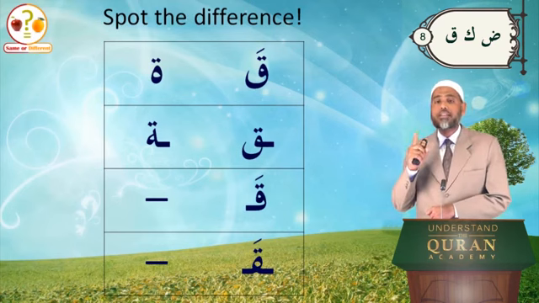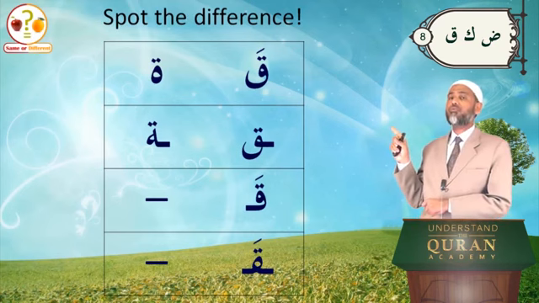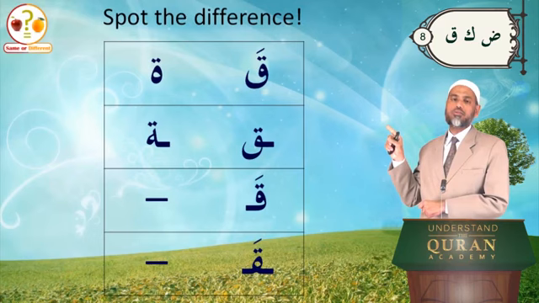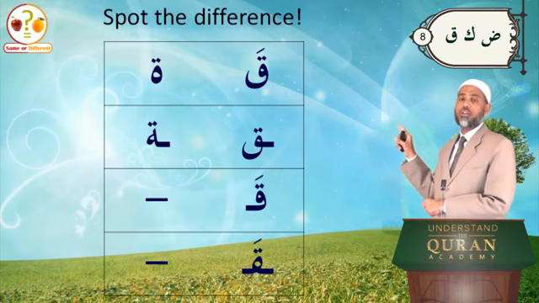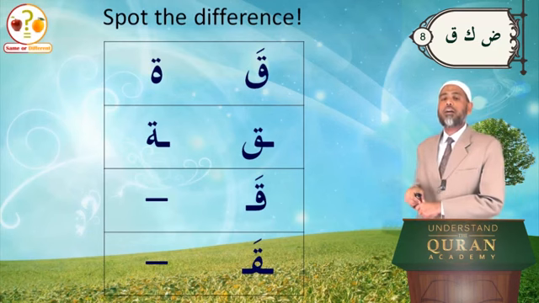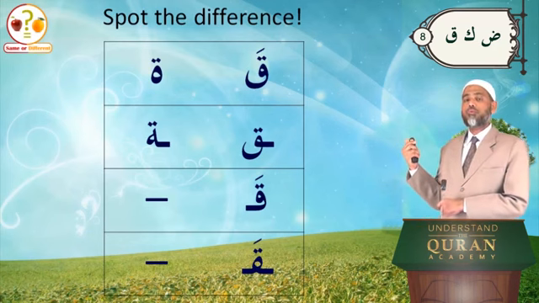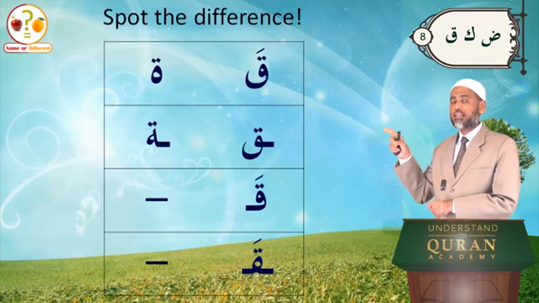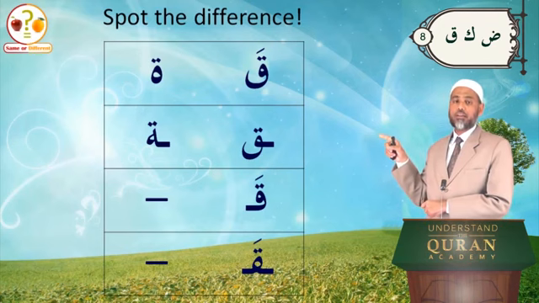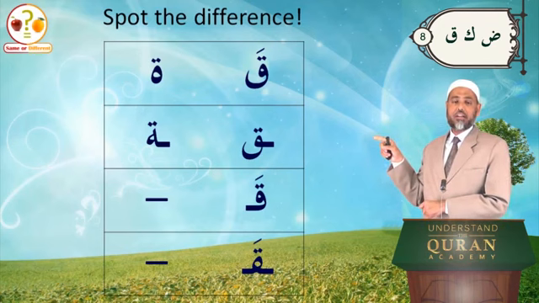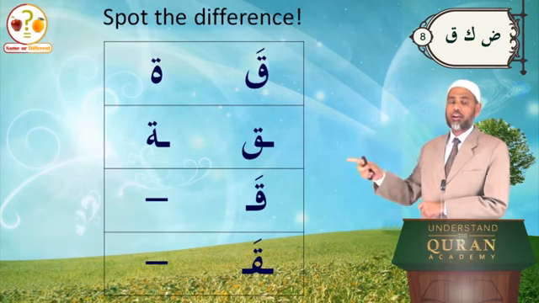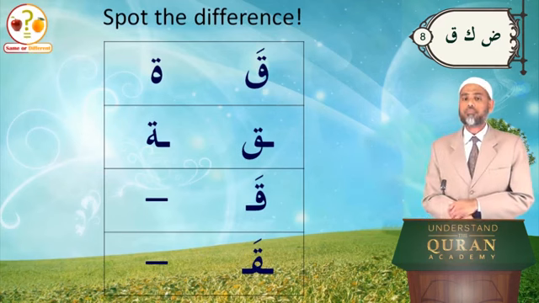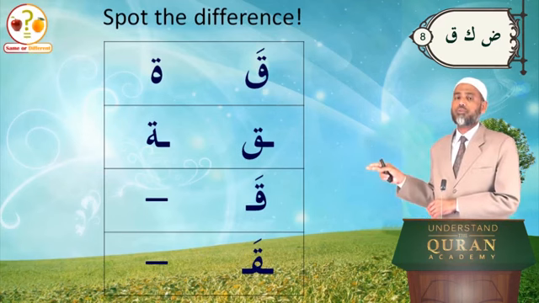It always occurs at the end, and the full form is just a circle with two dots, whereas the full form of qaf has a big cup. And qaf's full form can have a connector before it. That circle can also have a connector with the two dots for ta, but you see the difference between them. It's very clear. The ta has no connector going forward, and ta does not have a short form.